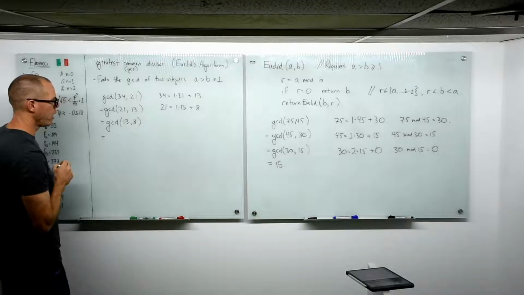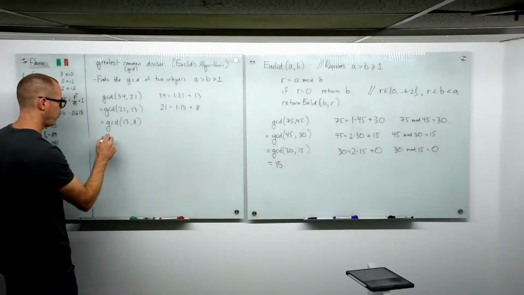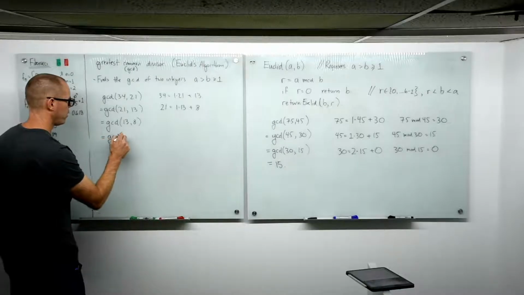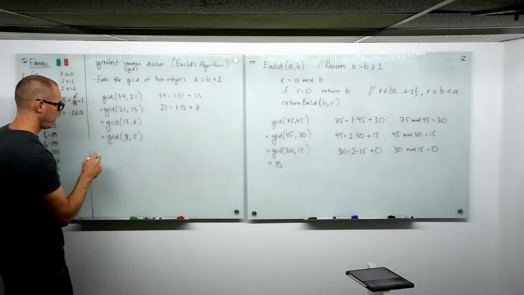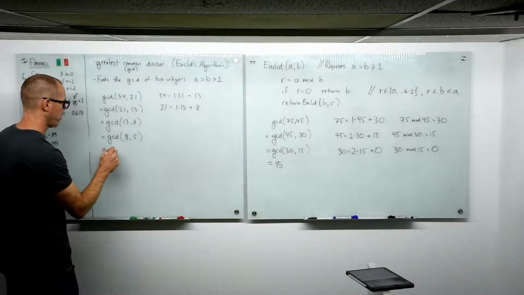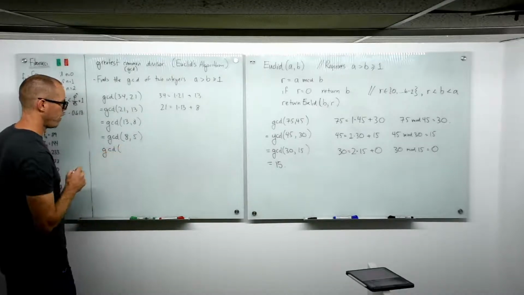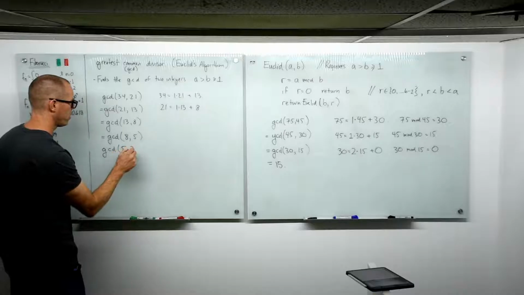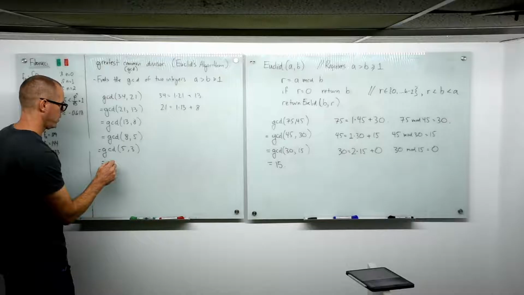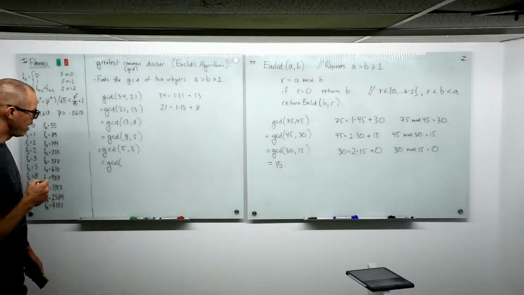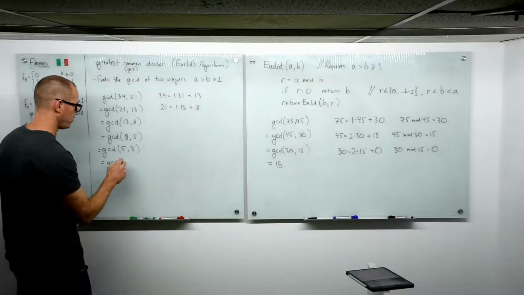And if I do that again, 13 is equal to 8 plus 5. So this is 8 and 5. And if I do this again, 8 is equal to 5 plus 3. So I get that. 5 is equal to 3 plus 2.